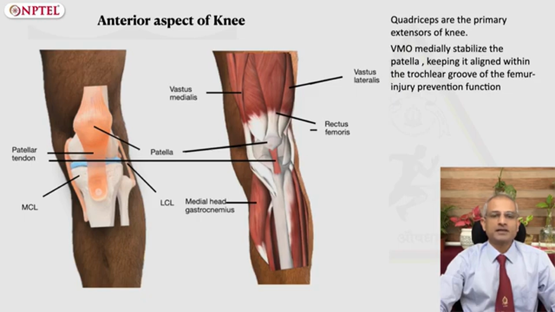The quadriceps comprises four muscles: the rectus femoris, vastus medialis, vastus lateralis, and vastus intermedius. Of these, the vastus medialis obliquus is particularly important for patellar stabilization. The quadriceps converge on the superior pole of patella, and through the patellar tendon, the extensors are attached to the tibial tuberosity. The quadriceps assist PCL by resisting posterior translation of tibia.